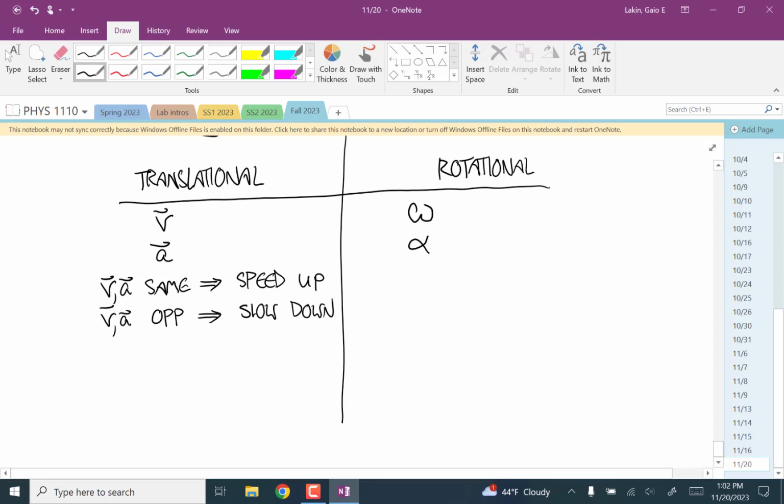For rotational quantities, omega and alpha in the same direction mean the object is speeding up, and omega and alpha in opposite directions mean the object is slowing down.